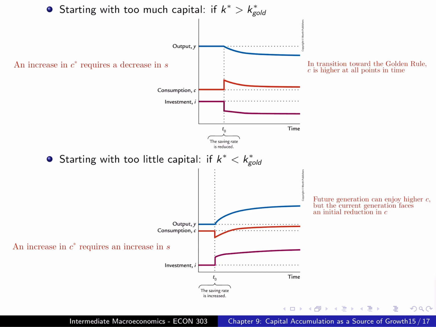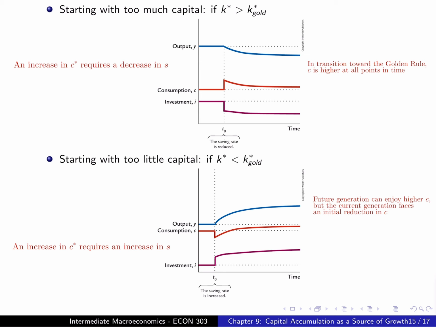In transition toward the golden rule, lowercase c is higher at all points in time. This means that as the economy adjusts toward the golden rule level of capital, consumption per worker increases throughout the entire adjustment process.